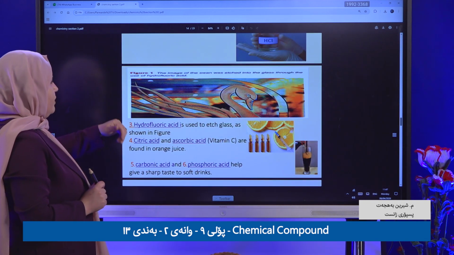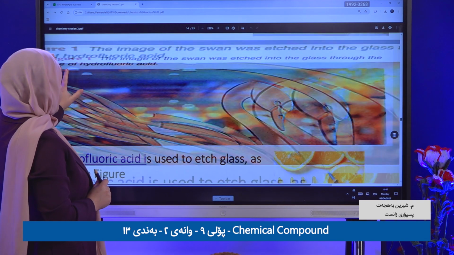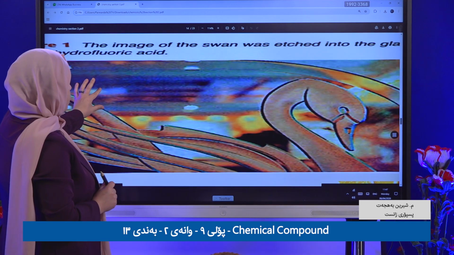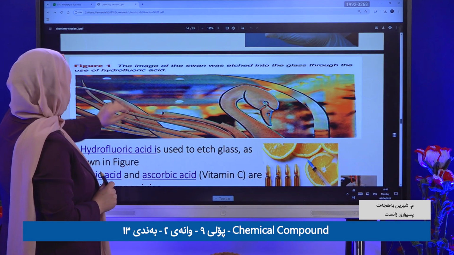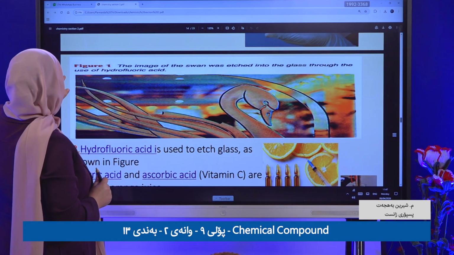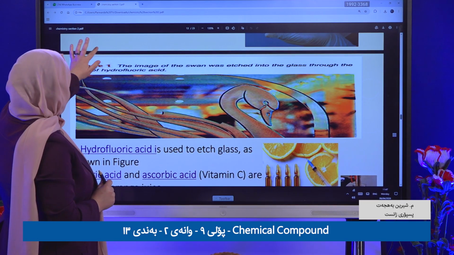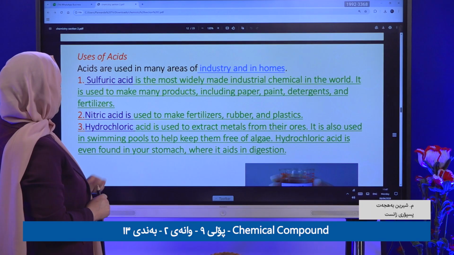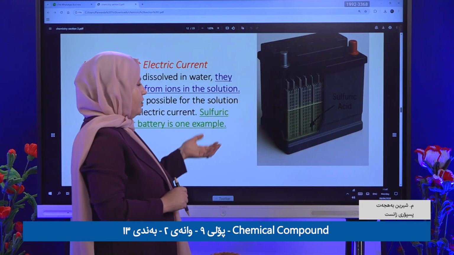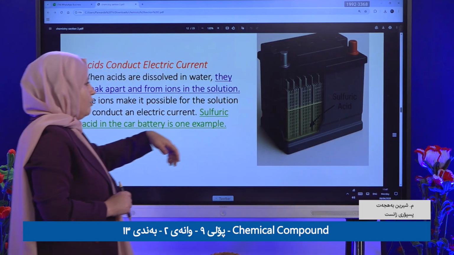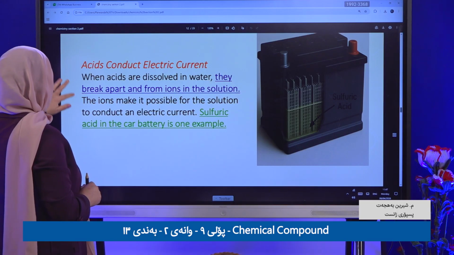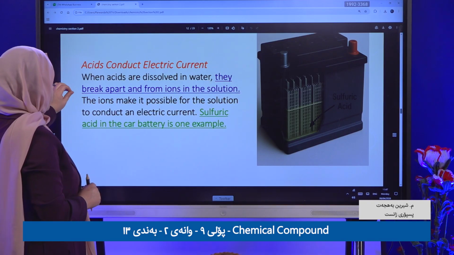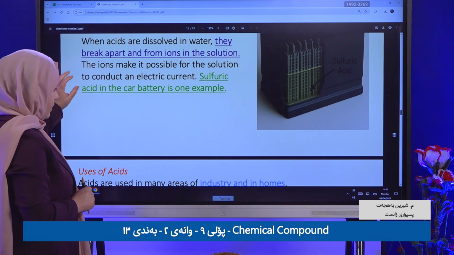For example, sulfuric acid, as mentioned before, is used for batteries, which make an ionic solution.